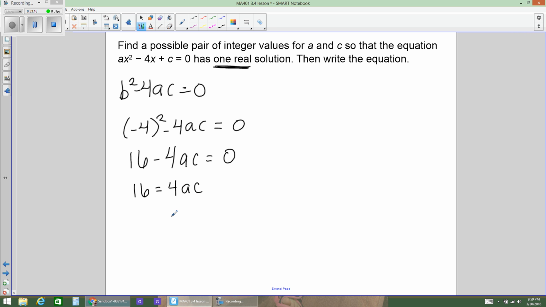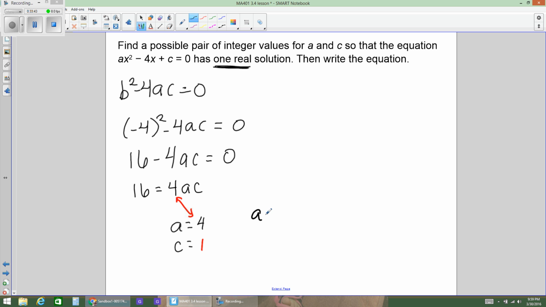Now, just think in your head. I want them to equal each other. So what might a be and what might c be in order for them to multiply with a 4 and make 16? For instance, I know if a was 4, then 4 times 4 would make 16 already, which means c would have to be 1.